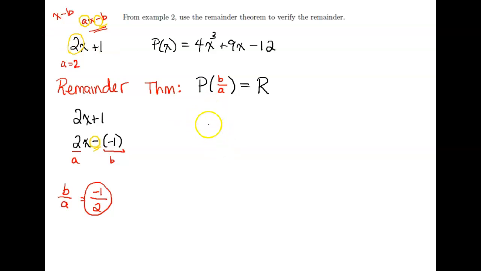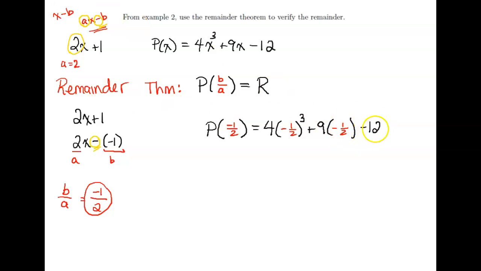When I take my polynomial and sub in negative 1 over 2, I've got 4 times negative 1 over 2 to the 3, plus 9 times negative 1 over 2, minus 12.